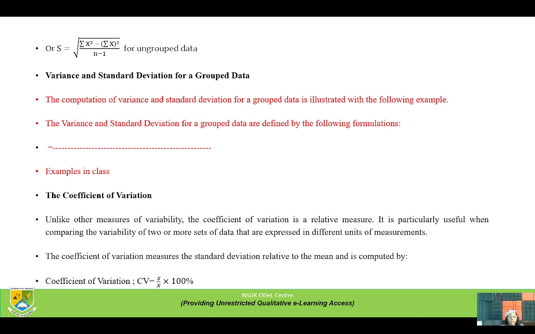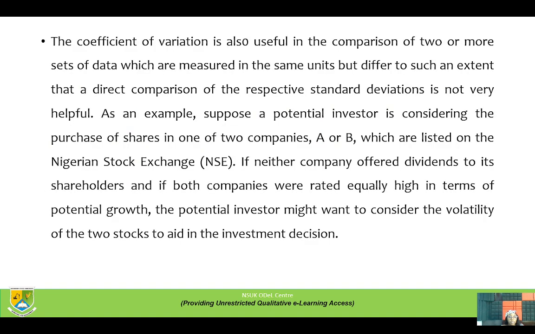The coefficient of variation measures the standard deviation relative to the mean and is computed by CV equals s over x bar times 100%. The coefficient of variation is also useful in the comparison of two or more sets of data which are measured in the same unit but differ to such an extent that a direct comparison of the respective standard deviations is not very helpful.